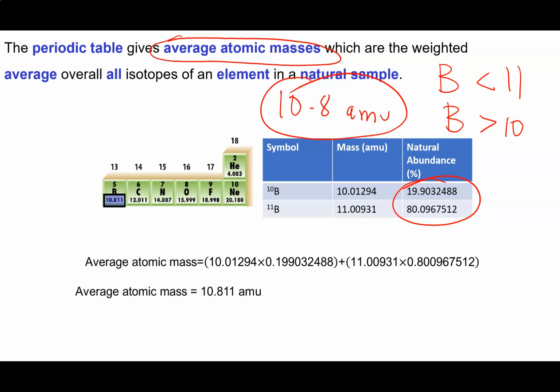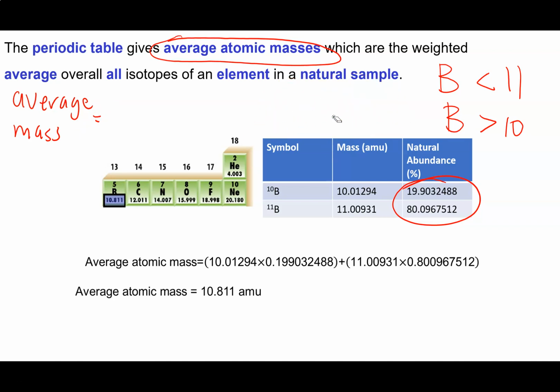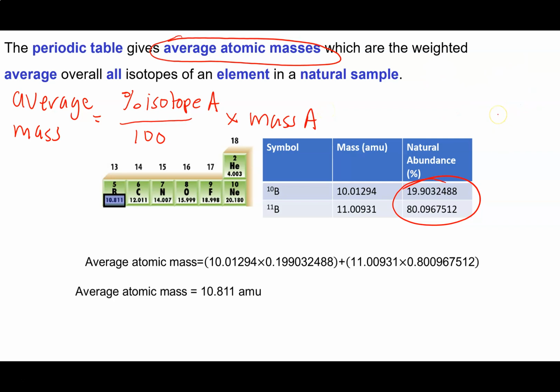And this is how we do it for any set of isotopes for an element. What we're going to do is say that the average mass is equal to the percent of the isotope divided by 100, let's say percent of isotope A, times the mass of isotope A. And remember we could have to do this up to 10 times: for every other isotope you do the same thing and add all of those together.